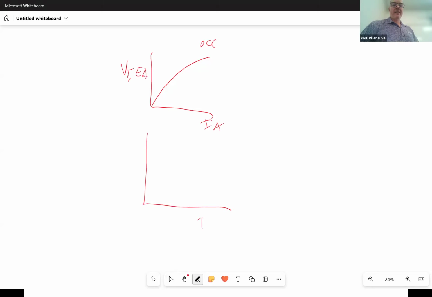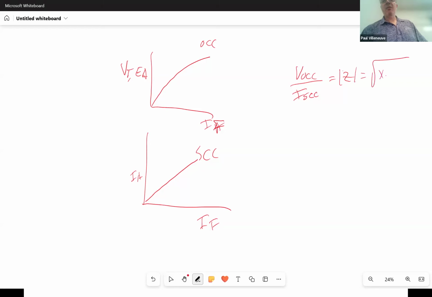And I have IA versus IF, and that's my short circuit characteristic, right? So if I take my V open circuit characteristic and divide by my I short circuit characteristic, I'm going to get a value of Z, right?